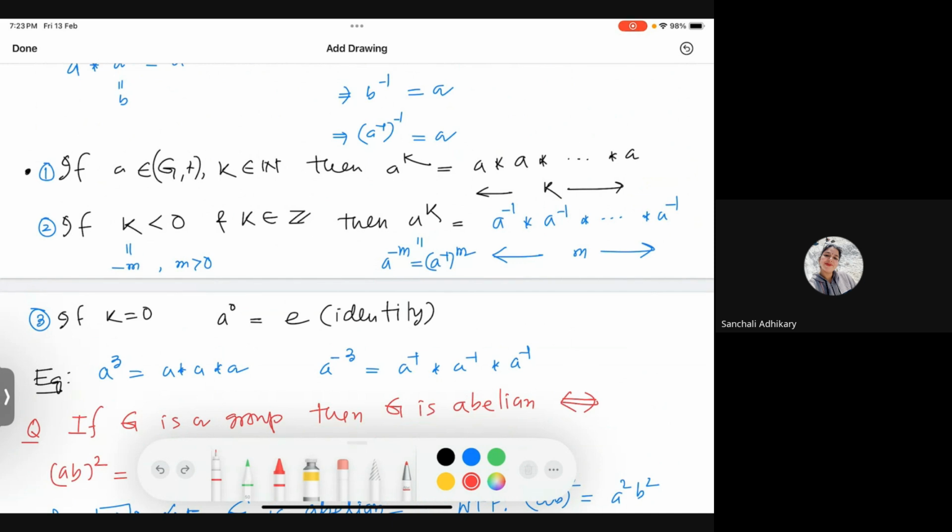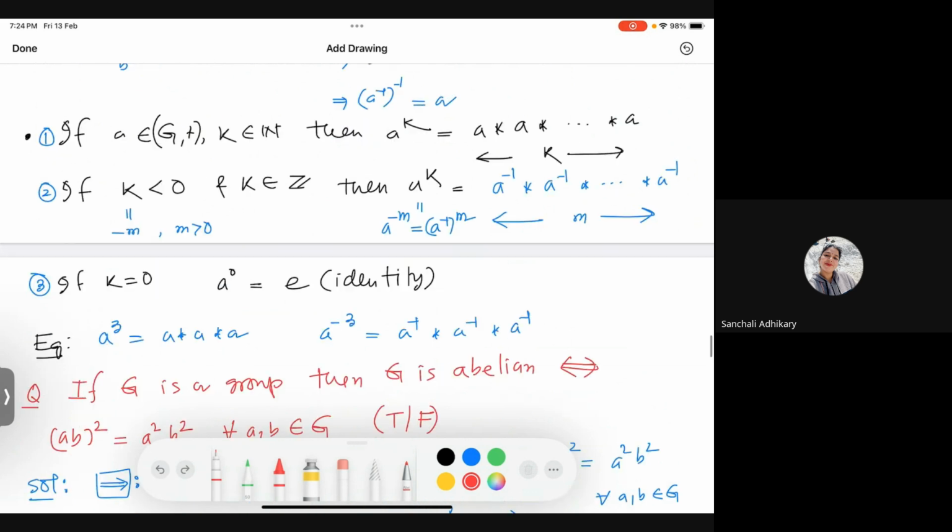Now there are some notations. What is the meaning of A to the power K? A to the power K means A star A star A, K copies, if K belongs to the natural numbers. If K is a negative integer, then I can write K equal to minus M, where M is greater than 0.